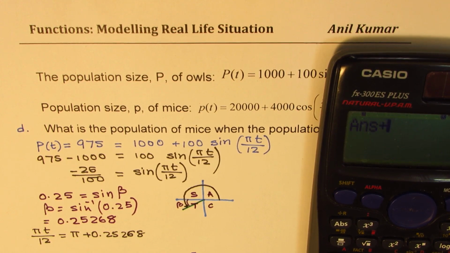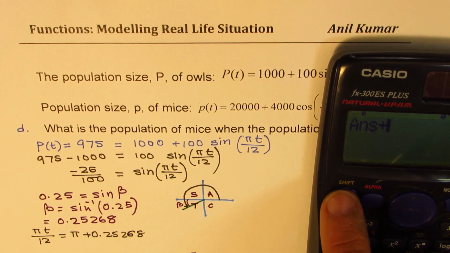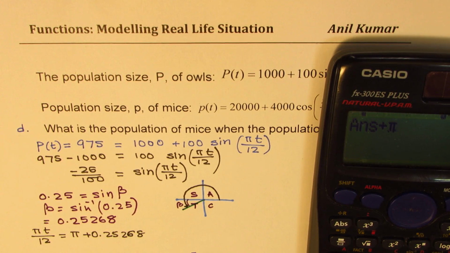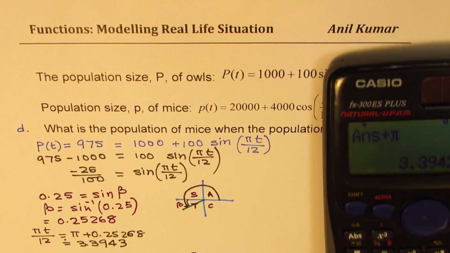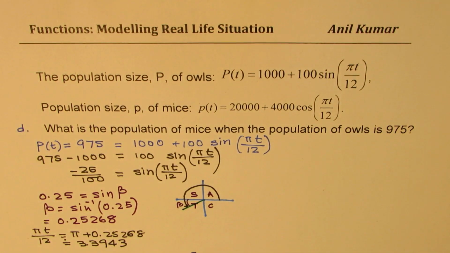So we'll just add pi to it, and what do we get? We get this as equal to 3.3943. I'm rounding this. So that is the value of pi t by 12. You get the idea, correct?